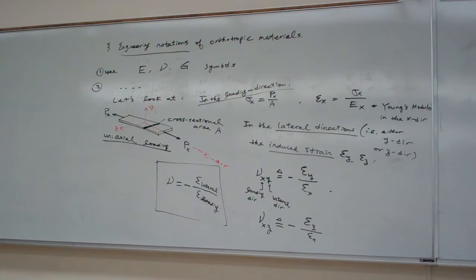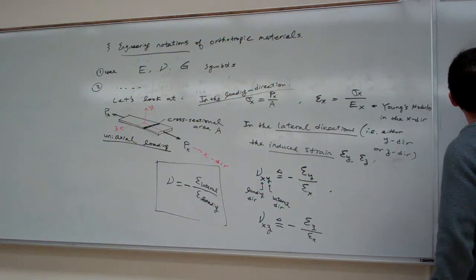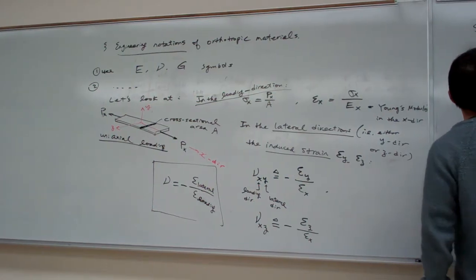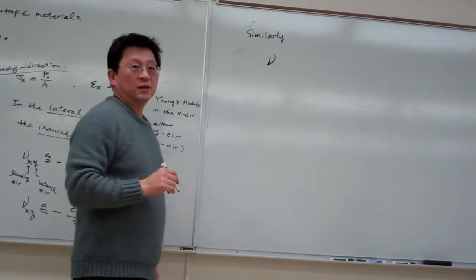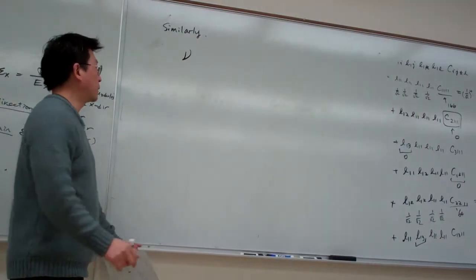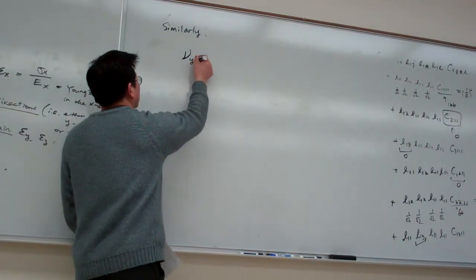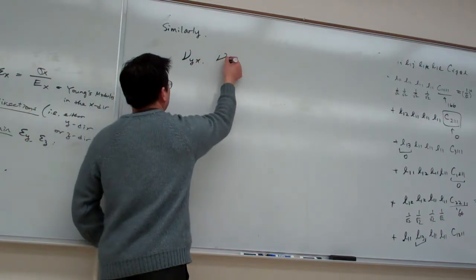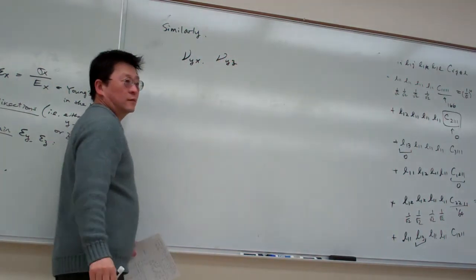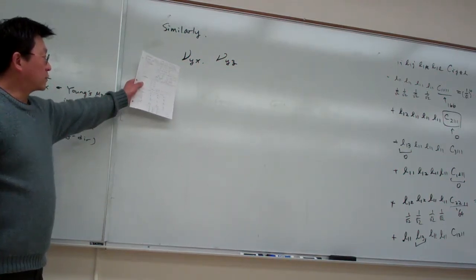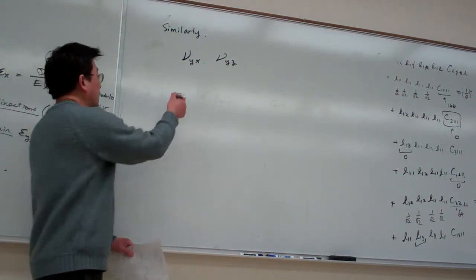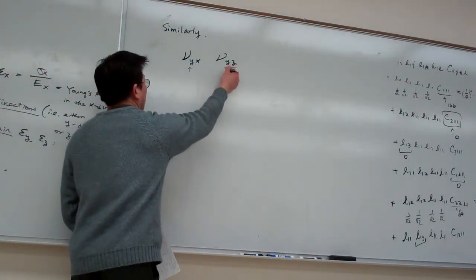So in this way, I would say similarly, if you do the experiments, you should be able to get this. This is obtained from applying a uniaxial loading in y direction, again, this is the loading direction, okay?